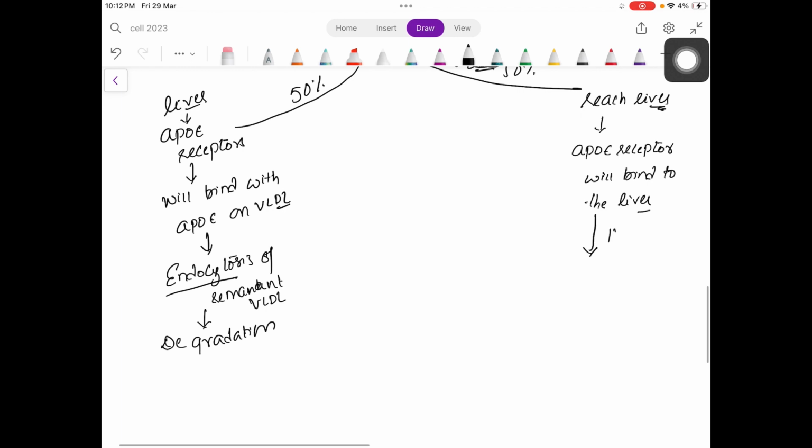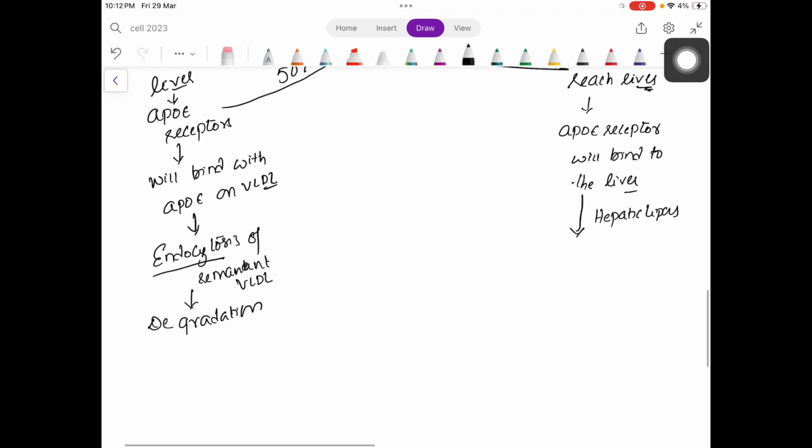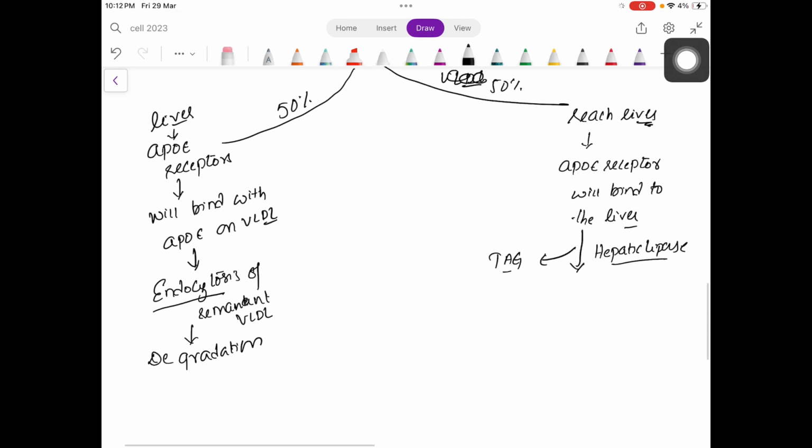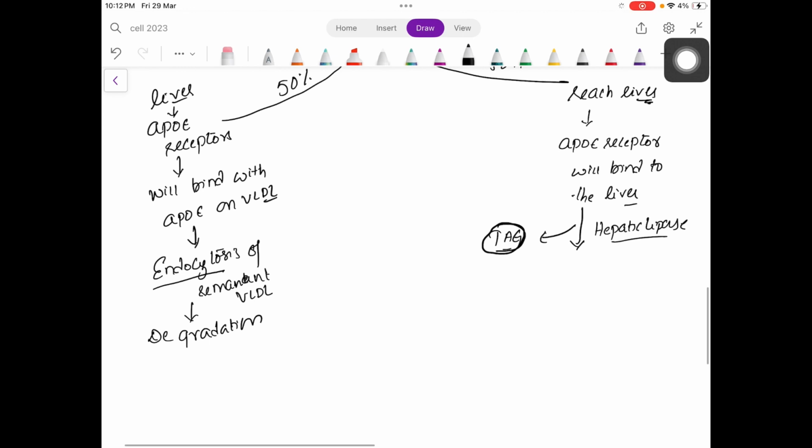On the liver, they are processed by hepatic lipase. What will this hepatic lipase do? This causes loss of triacylglycerol. The small part of triacylglycerol which is present in the remnant VLDL will be removed from the VLDL remnant molecule, and there is a loss of triacylglycerol.